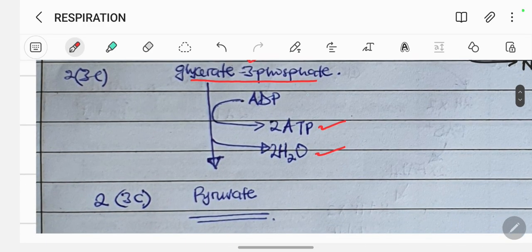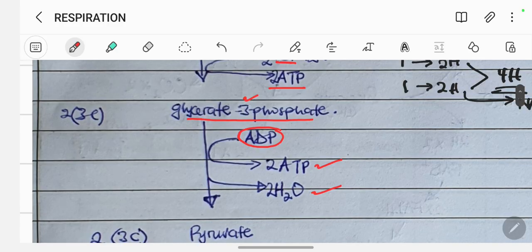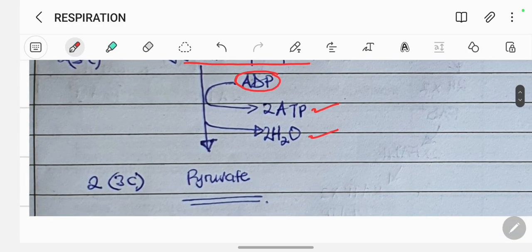As we bring in our ADP here, that ADP is going to take the last phosphate that was at carbon atom 3, and we end up with pyruvate.